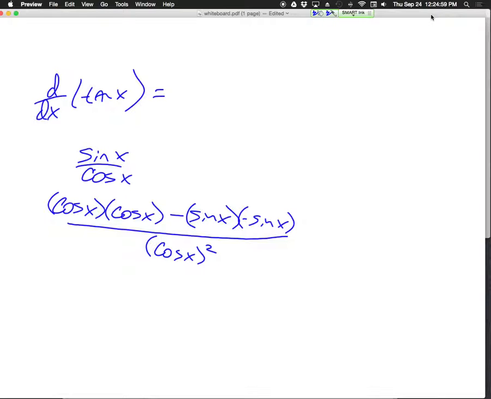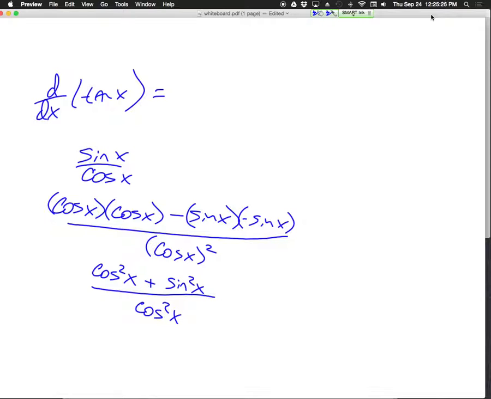Alright, so let's clean this up a little bit. Cosine times cosine is cosine squared. Over there I have a negative and a negative, which makes that positive. Sine times sine is sine squared. And then I have over cosine squared. The numerator we should recognize, cosine squared plus sine squared is what? 1.